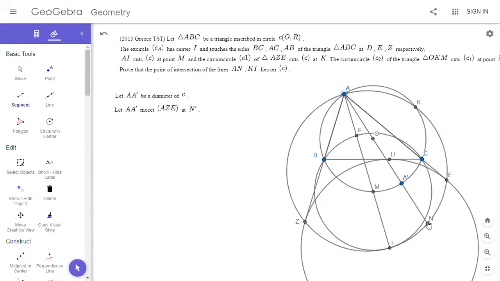Okay, and then first we can show K, A, and I are collinear.